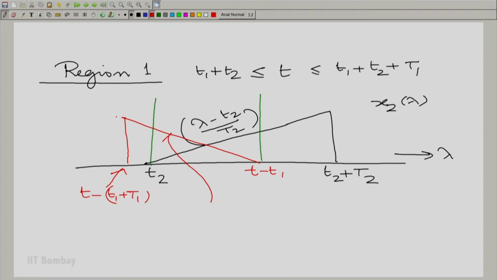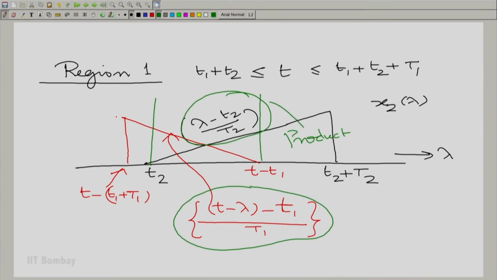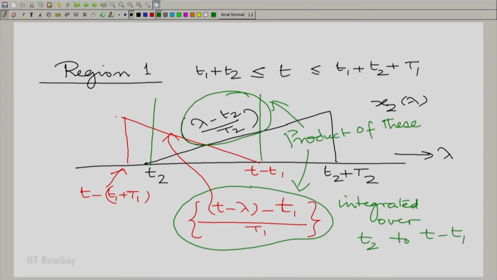So, the expression for this is T minus lambda minus small t1 divided by capital T1, and we need to take the product to calculate the convolution. We take the product of this with this, integrated over T2 to T minus T1. This is the integration region or integration interval.